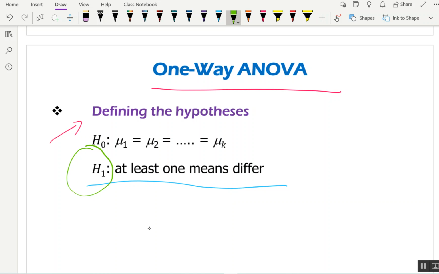Of course, your null hypothesis would be the contrary to the alternative hypothesis, stating that all of the population means are equal to each other. So we are trying to test this hypothesis and see whether or not we reject the null hypothesis. So the first step is defining the hypothesis itself.